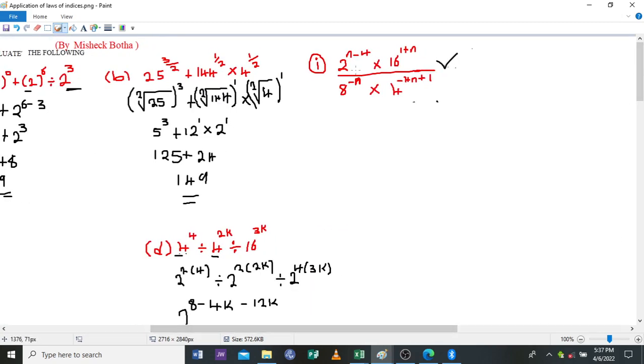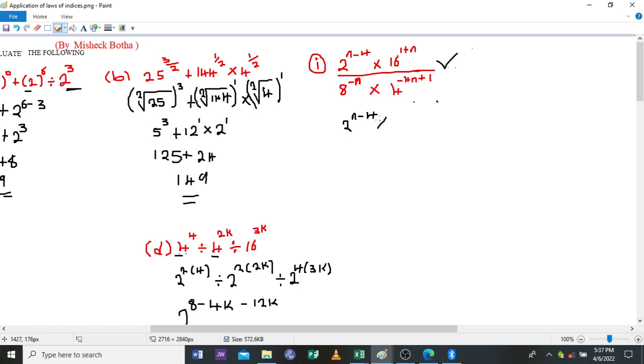So we have 2 to the power n minus 4 times 16 to the power 1 plus n. That is our numerator. The denominator is 8 raised to the power negative n times 4 raised to the power negative 4 plus 1. So we are applying again laws of indices. Remember, multiplication, we need to make bases equal, and one way we can do that is to write 2 to the power n minus 4.